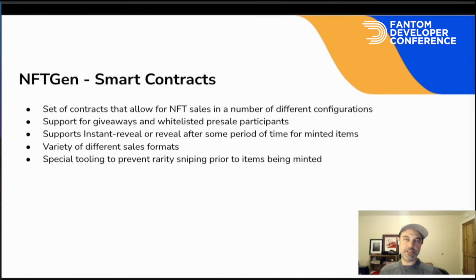Yeah, and obviously smart contracts are going to be a core component of any NFT project. What we've found on the projects that we've worked on is that they're all unique. They all have specific functionality and requirements, but they also share a lot of common functionality.